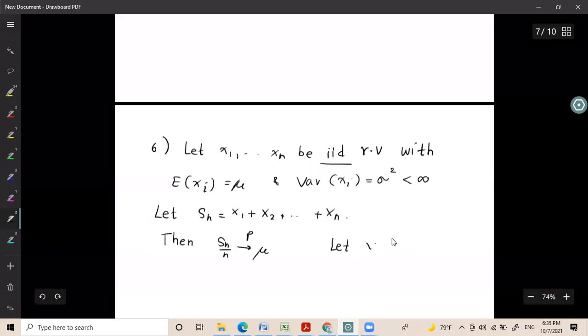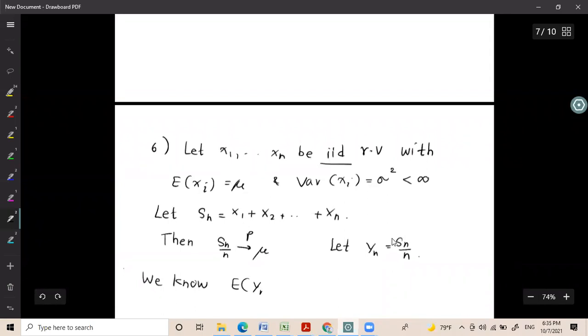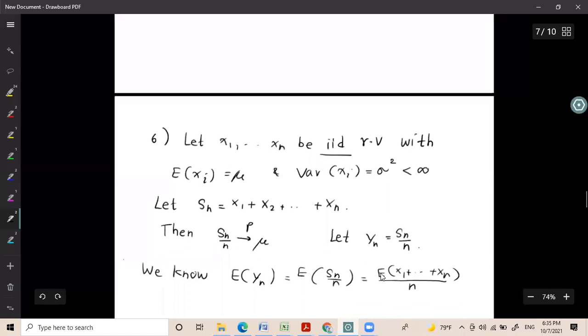If you define a random variable yn, which is Sn over n, what is the expectation of yn? That is the expectation of Sn over n. The expectation of Sn is the expectation of x1 up to xn, and dividing by n is a constant, so you can take it out.